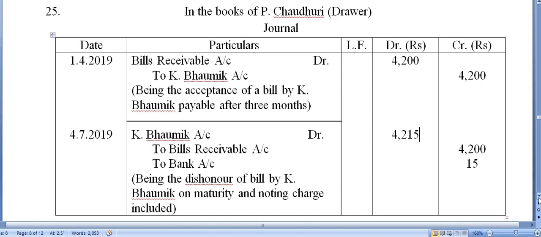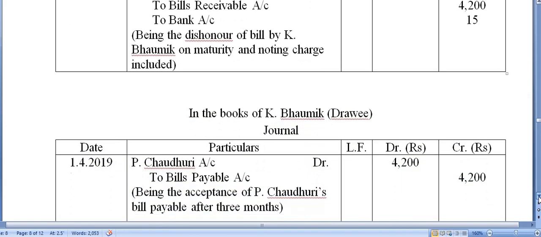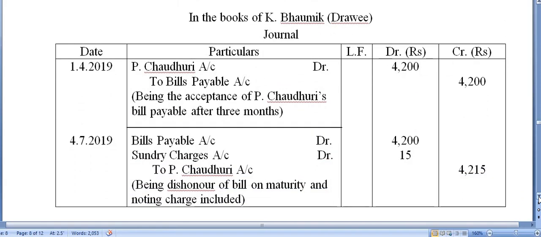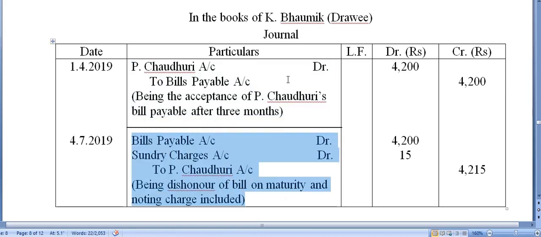Now, in the books of the drawee, the opening entry is this: P. Chowdhury account debit to bills payable account. You are familiar with this entry. So it will be just the reverse of this entry; the entry gets reversed here.